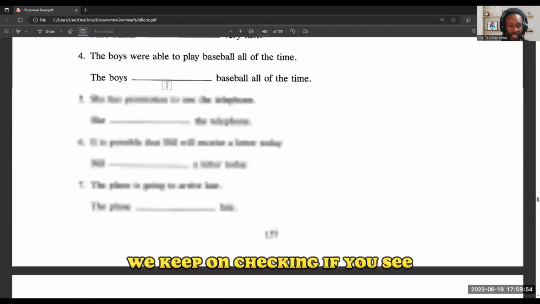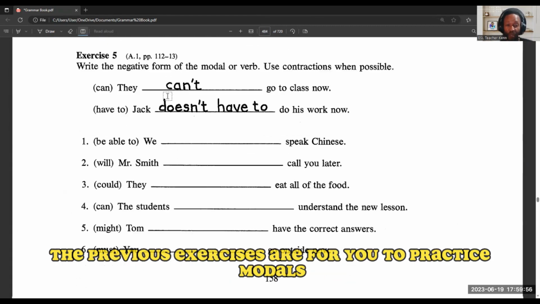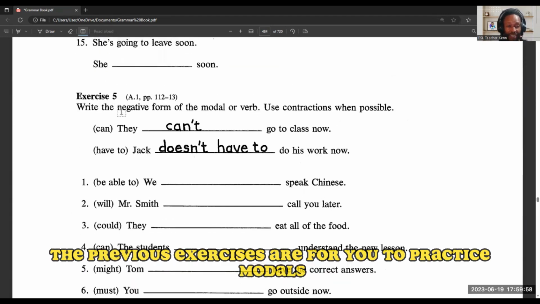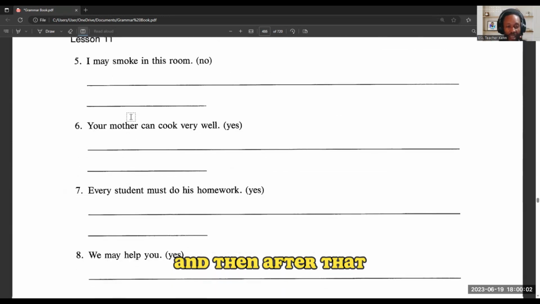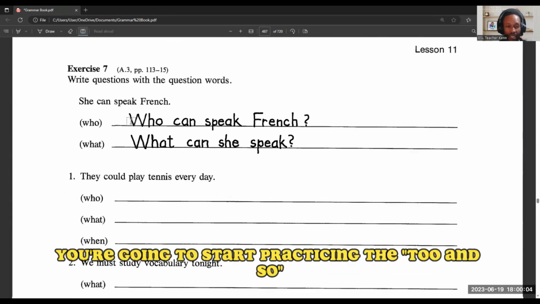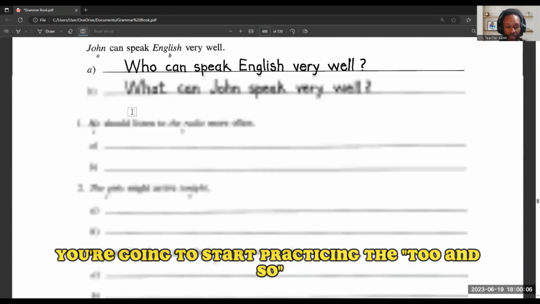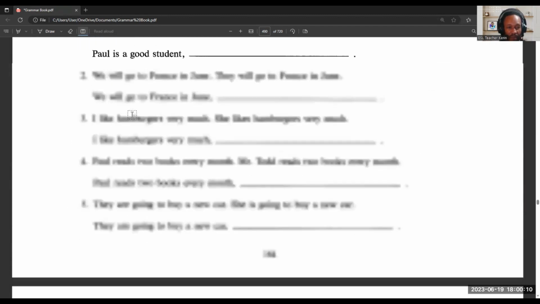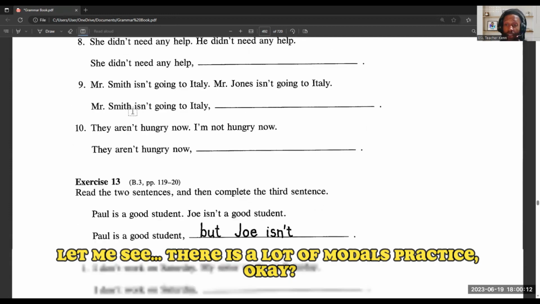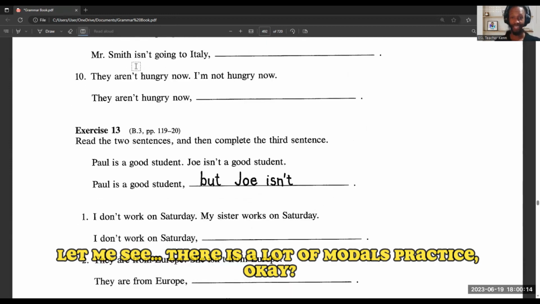We keep on checking. If you see, the previous exercises are for you to practice modals. And then after that, you're going to start practicing the too, and so, and the others. There is a lot of modals practice, okay?